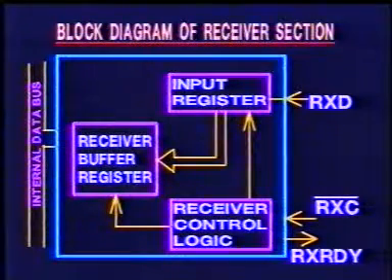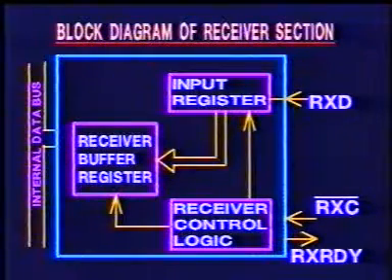The data is clocked into the input register using the receiver clock. With every falling edge of the receiver clock, a new bit is entered into the input register. It receives the data bits along with framing bits.